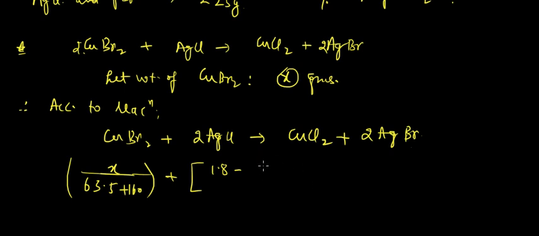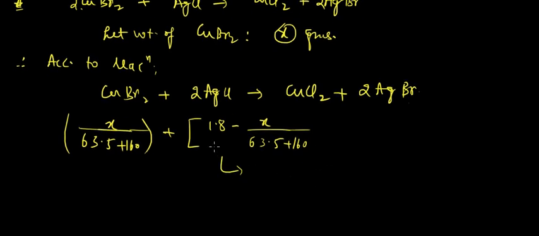Let me calculate how much AgCl is left. How much moles of AgCl would be consumed? This multiplied by 2 moles of AgCl would be consumed. So how much mass of AgCl would be left?